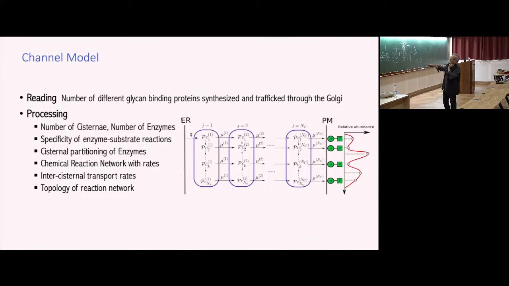NS is the number of reactions that are happening in each cisterna. Whether a reaction actually happens depends on the reaction efficiency, on whether that enzyme is there or not. If this enzyme is not here, then this won't happen. You're putting a large number there.